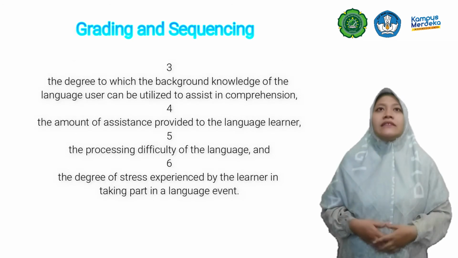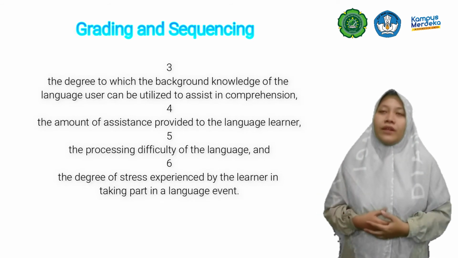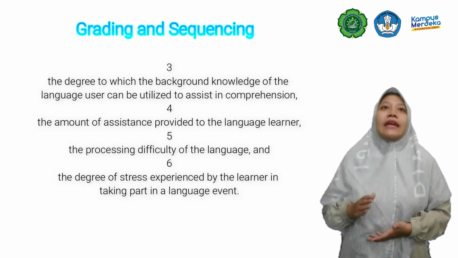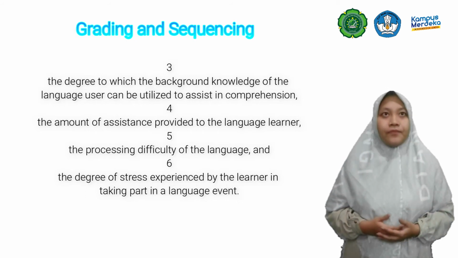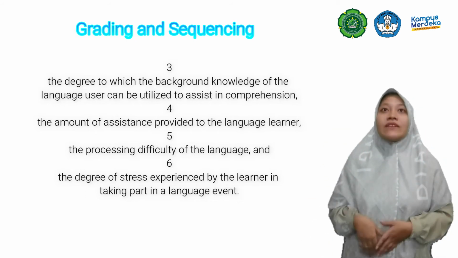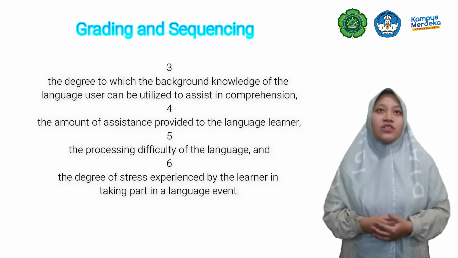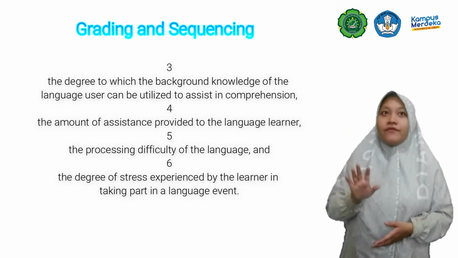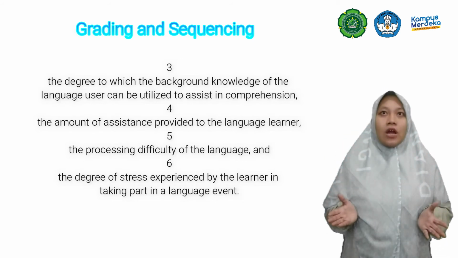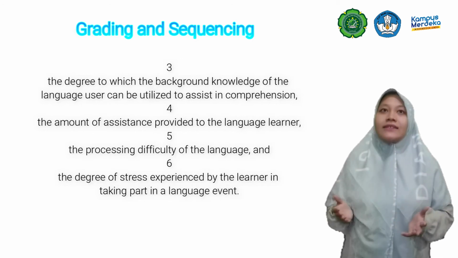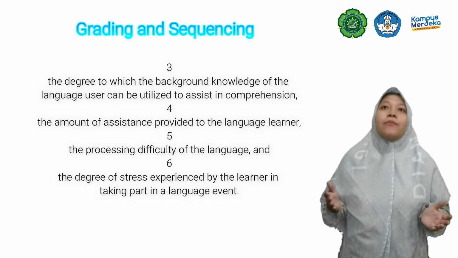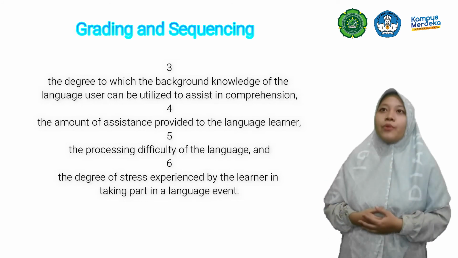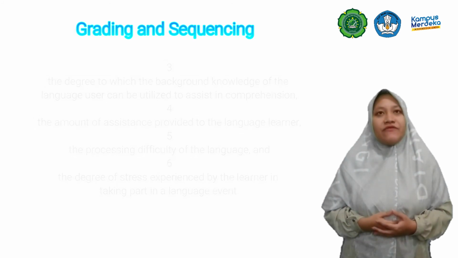The third, the degree to which the background knowledge of the language user can be utilized to assist in comprehension. The fourth, the amount of assistance provided to the language learner. And the fifth, the processing difficulty of the language. And the last is the degree of stress experienced by the learner in taking part in a language event.